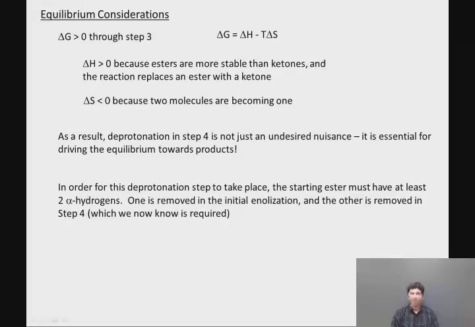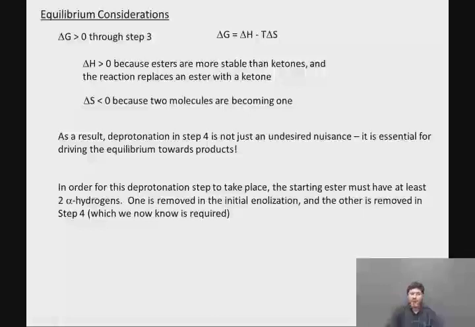And one more note about this, now that we have established that the Claisen condensation is only a useful reaction if you can do this deprotonation at the end: in order for this deprotonation step to take place, the starting ester must have at least 2 alpha hydrogens. Okay, ethyl acetate that we looked at is no problem. It has 3 alpha hydrogens.